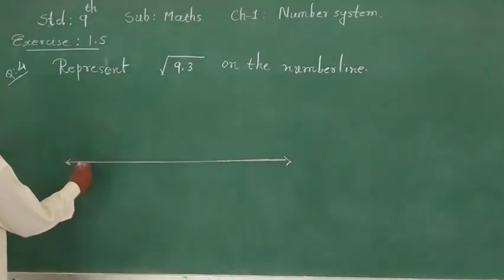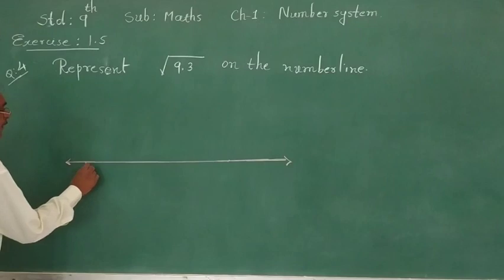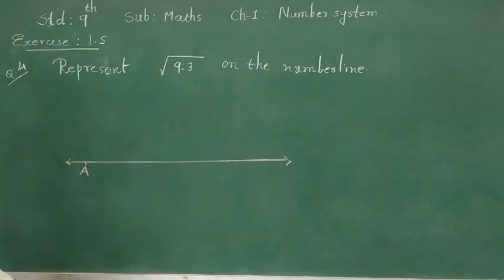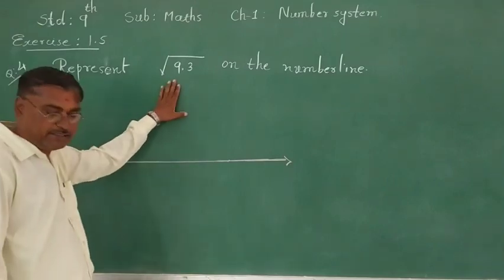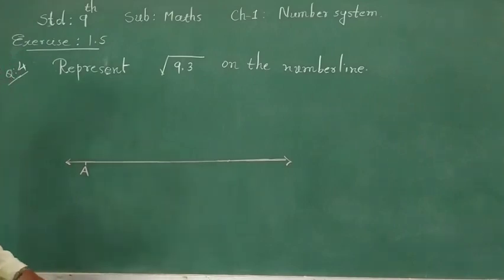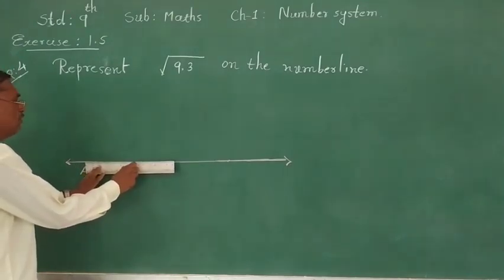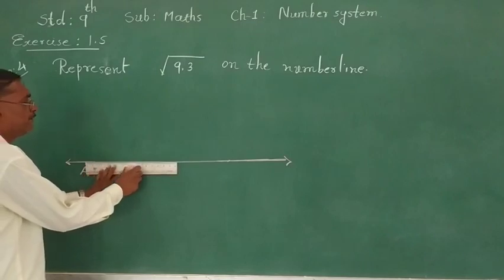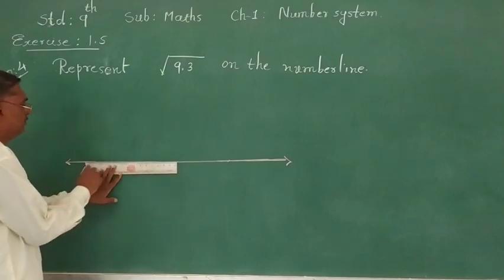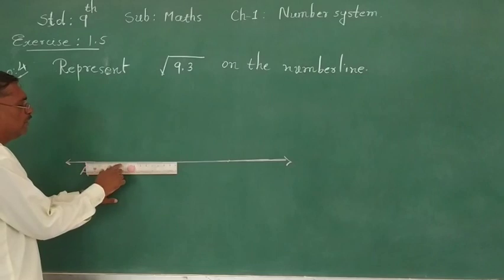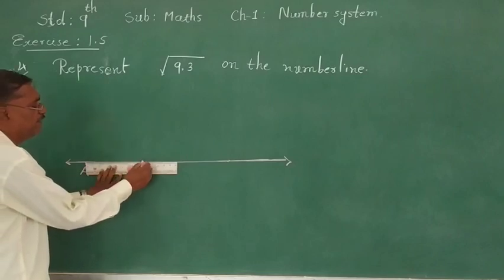Now take here A. You have been given 9.3, so take a measure of 9.3: 1, 2, 3, 4, 5, 6, 7, 8, 9, and then 3.